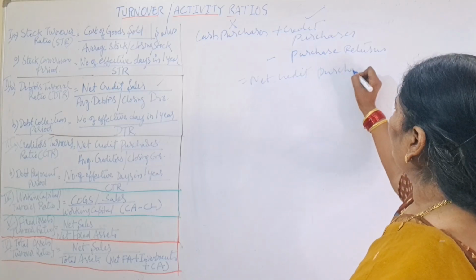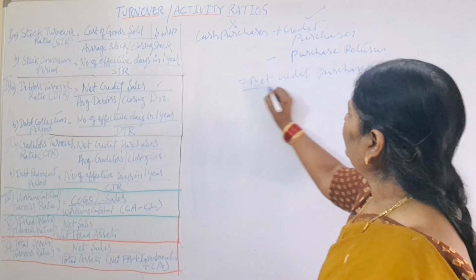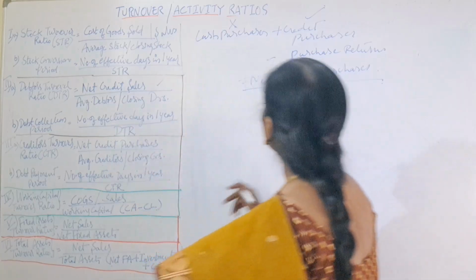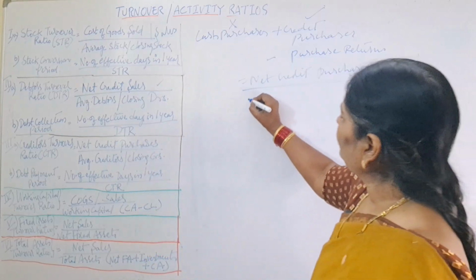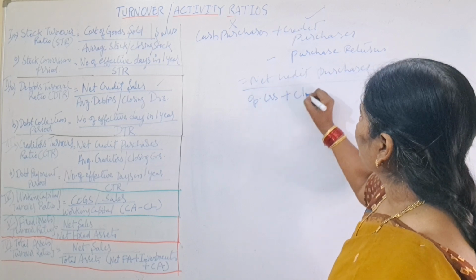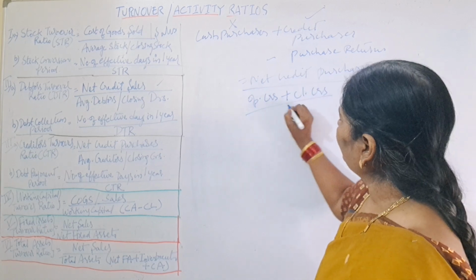Clear? So now we have to divide that with average creditors or closing creditors. So how you will get average creditors? Opening creditors plus closing creditors divided by 2.